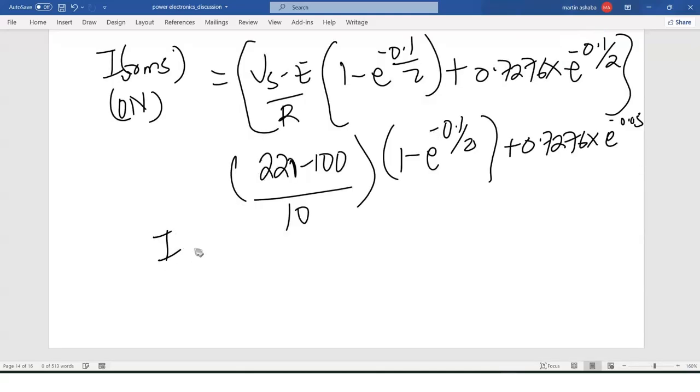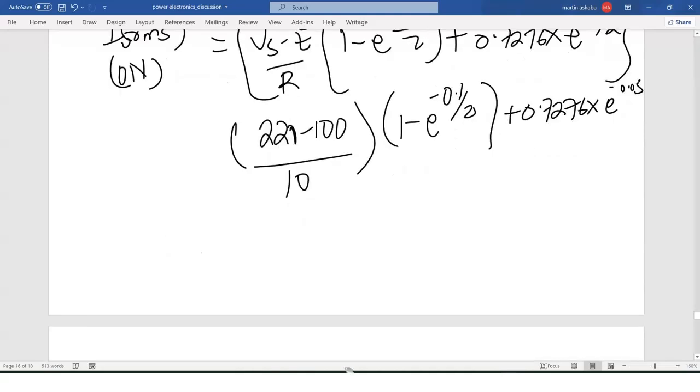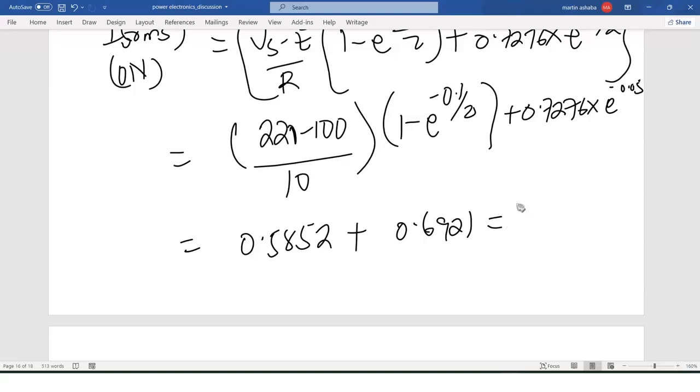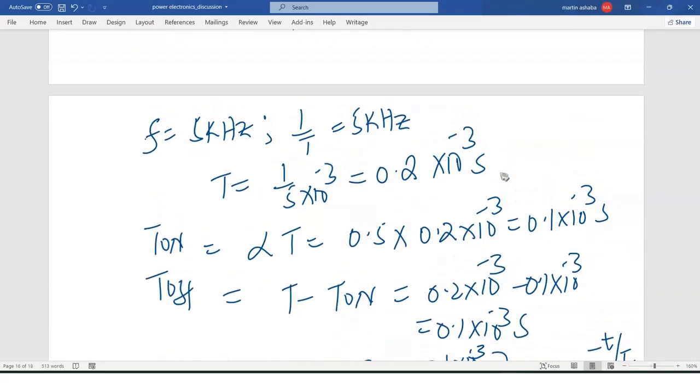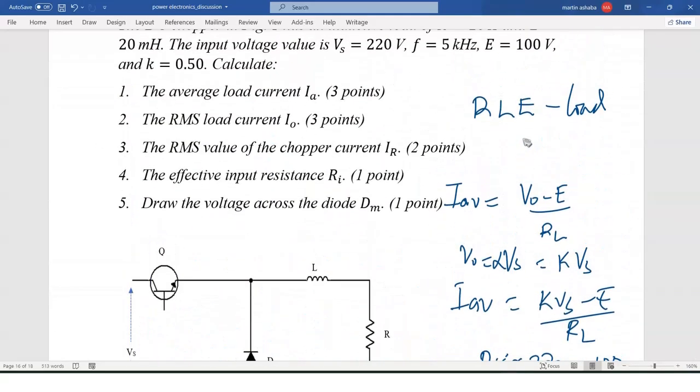Finally, this value is going to be 0.0585 plus 0.6921, and this is going to give us 1.277 amps. So that is the value when the chopper is on.